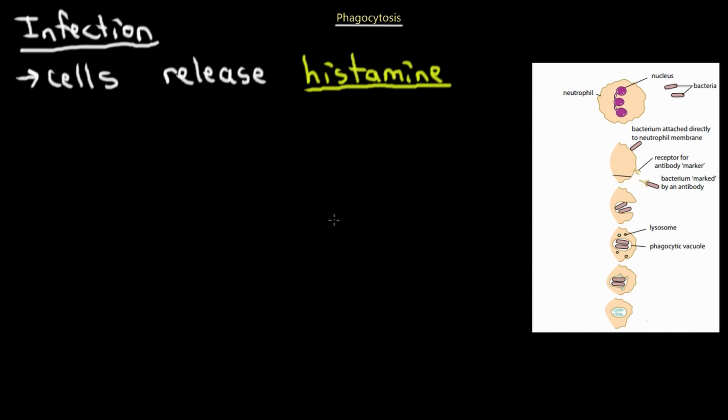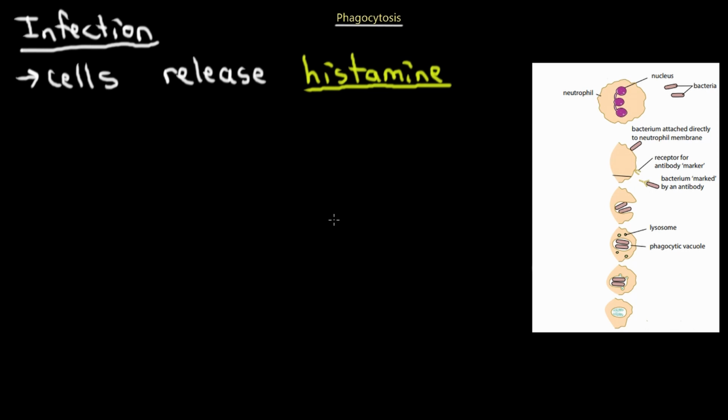Some of them are going to release histamine. Histamine is an inflammatory chemical, and it's going to spread all around the body as it signals, and it is going to go to the bloodstream, it's going to go to the lymph nodes, and it's going to signal that there is an infection going on, there are cells dying, there is trouble. The immune system must come and help.